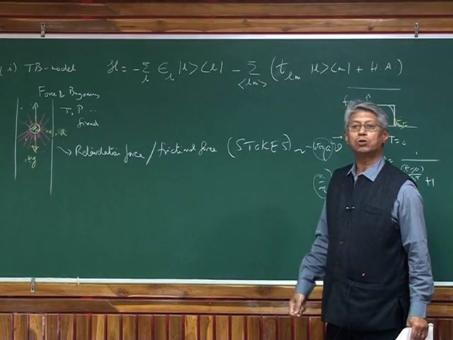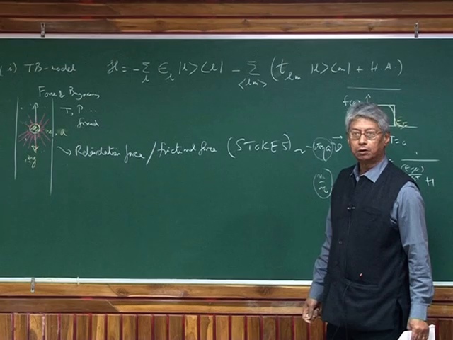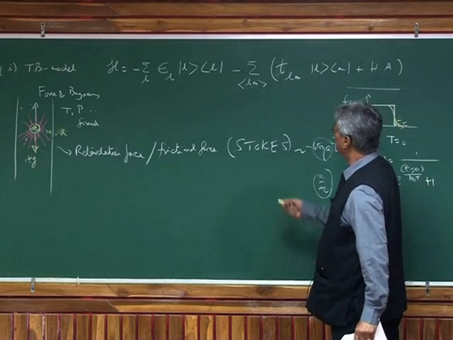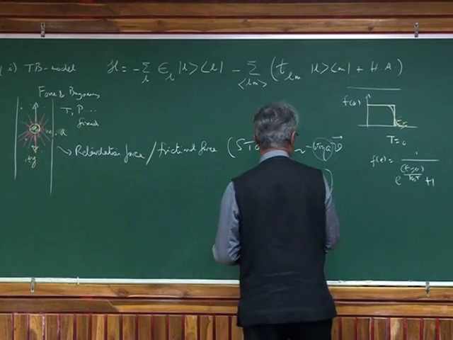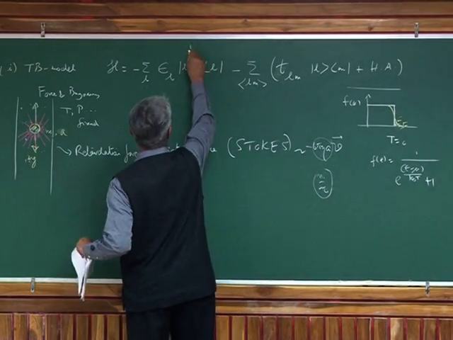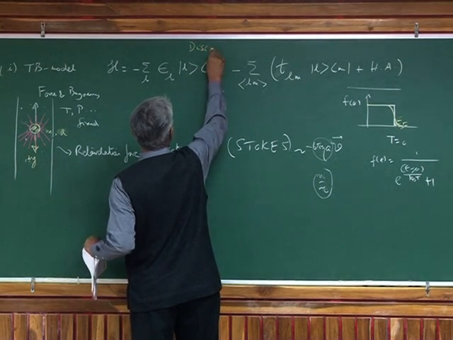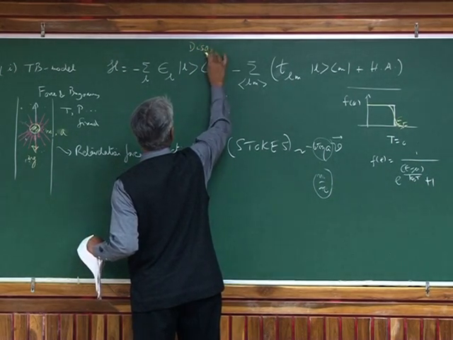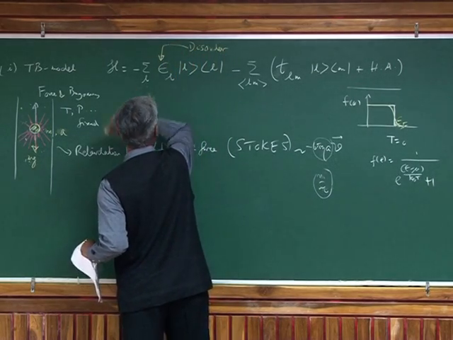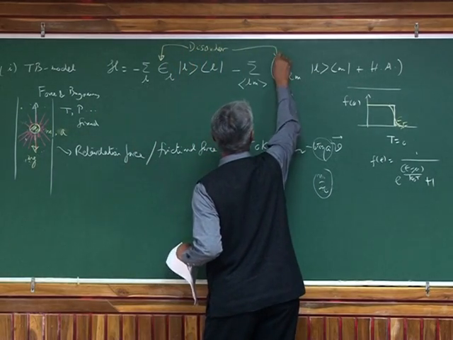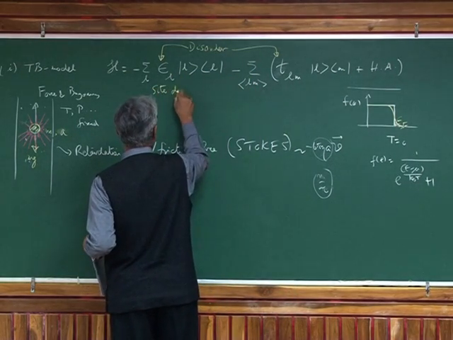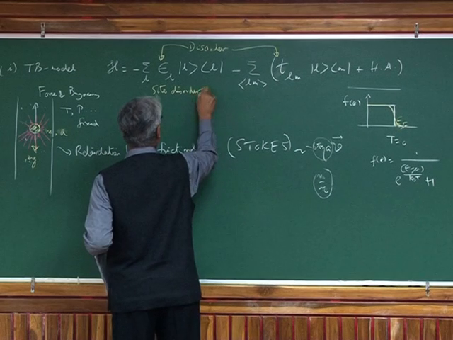Okay? One of the things that becomes very important is if you start bringing in disorder into the system due to defects. Now the disorder can be in this term or in that term. So this is what will give rise to what's called site disorder, and this will give you hopping disorder.